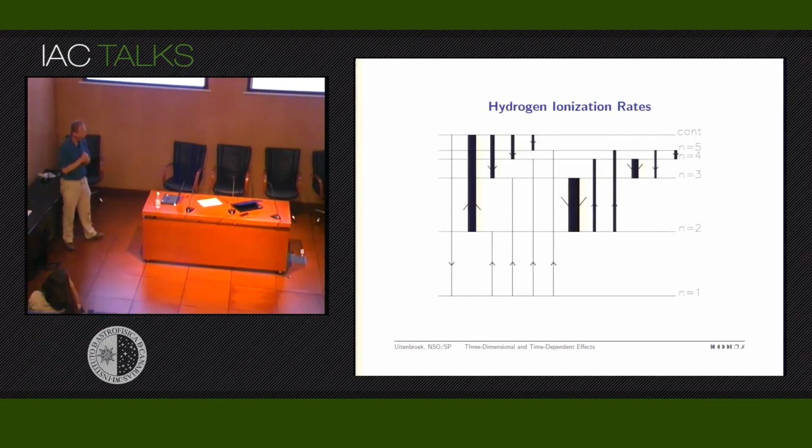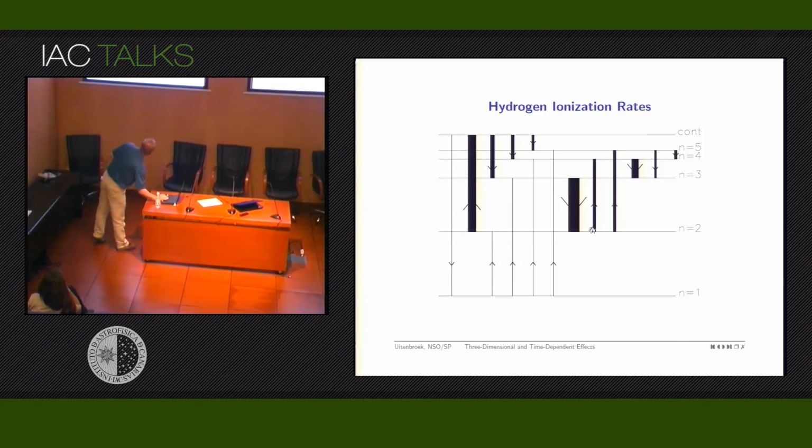And the process of hydrogen ionization is the following. Most of the ionization of hydrogen comes from the chromosphere, in the region from the temperature minimum at about 500 kilometers to 1500 kilometers above the photosphere.